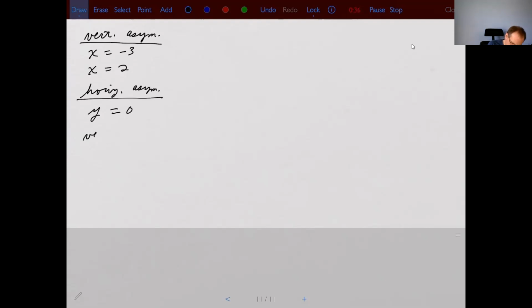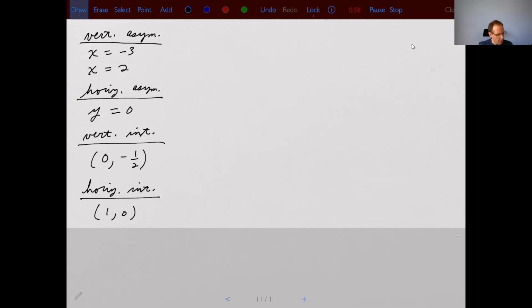There's one vertical intercept at (0, -0.5). And then there was a horizontal intercept at (1, 0). Okay, so the function must look like this. Again, there could be an a, and we'll have to figure out what the a is later.